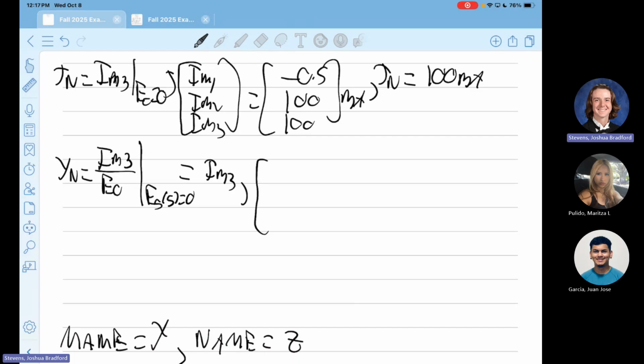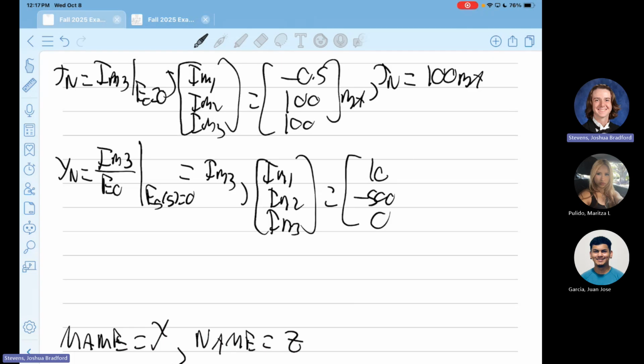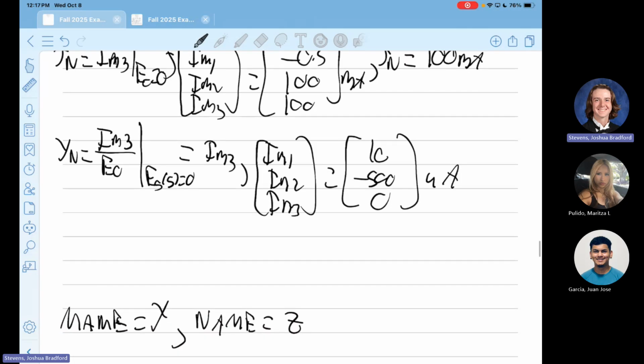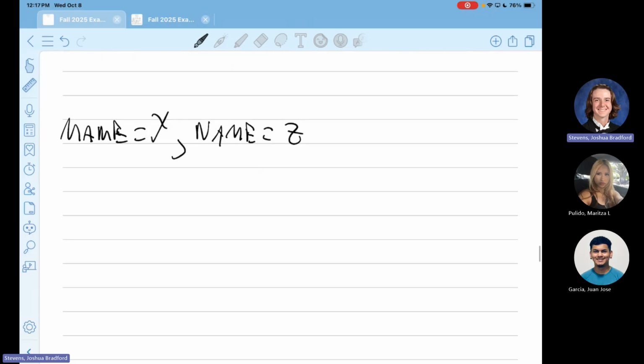When you put those in a calculator, IM1, IM2, IM3 equals 10, negative 500, and 0. Technically this is in microamps. You divide that by our voltage of 1, and you get technically micro Siemens. But IM3 is 0, so we have no conductance.